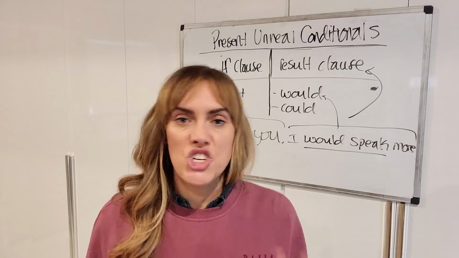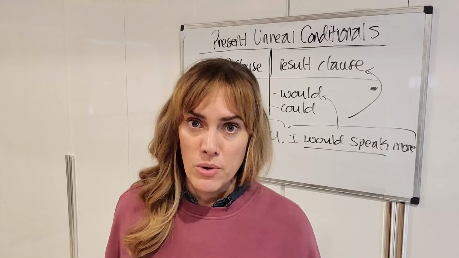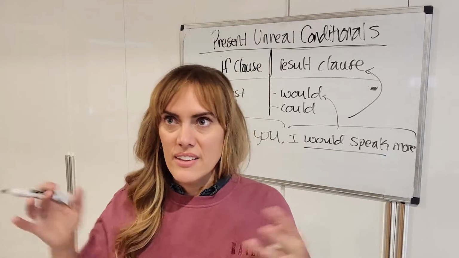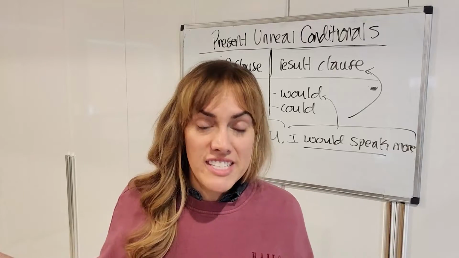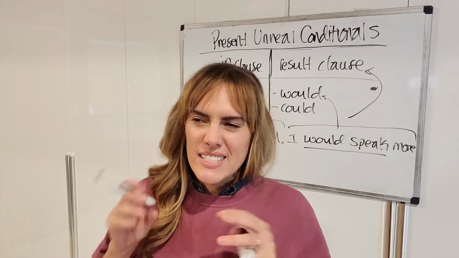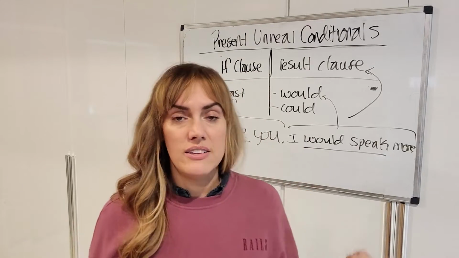Advice is when we say should or ought to. You should speak more. You ought to speak more. But a little bit more indirect way of saying that is if I were you, I would speak more. It's not so direct, and you can give advice this way.